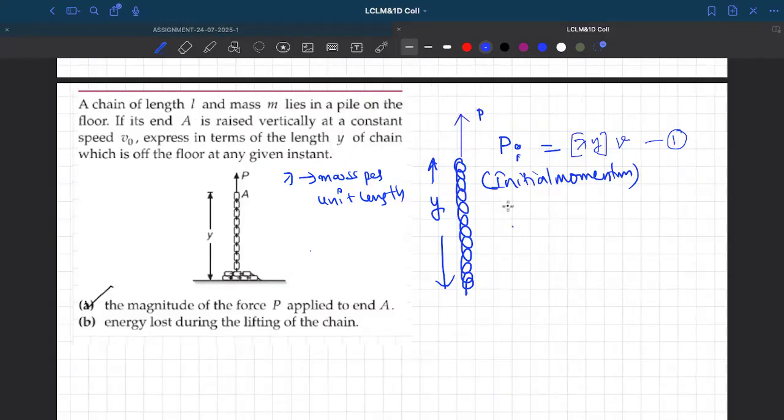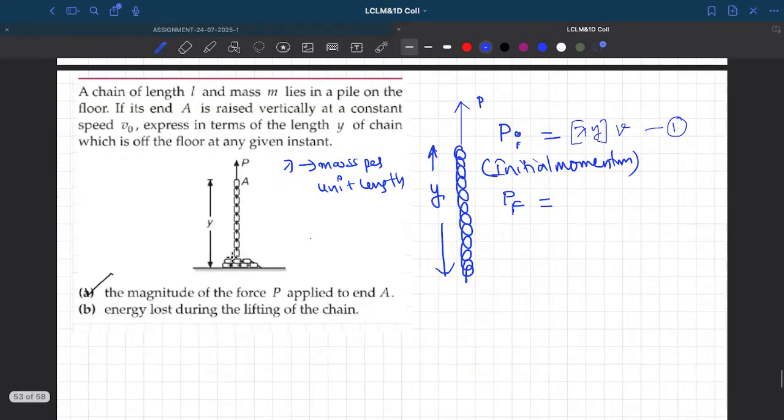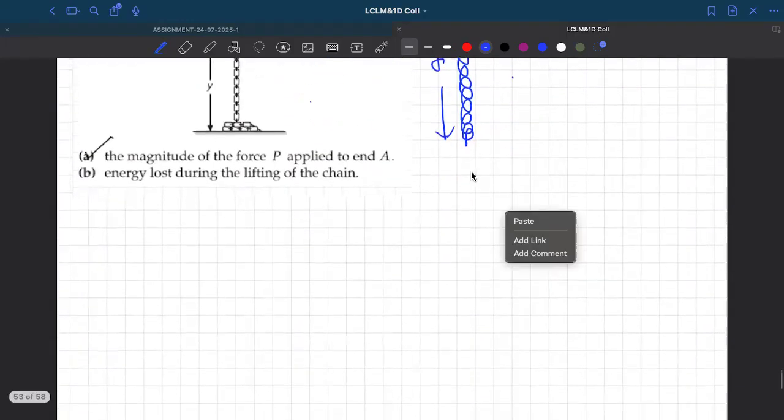Now P final is equal to, what happens thereafter? Some dy amount is added to the system. This is initial.